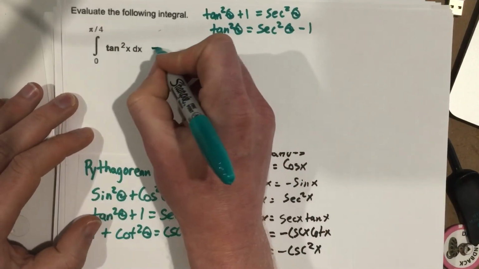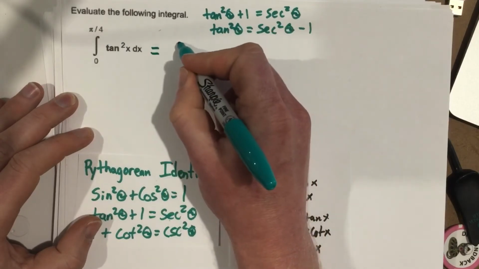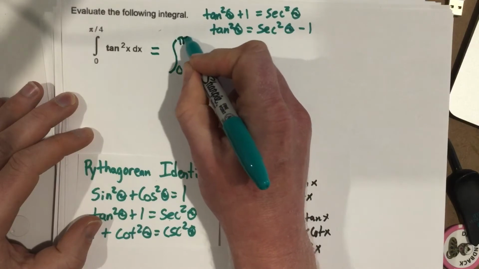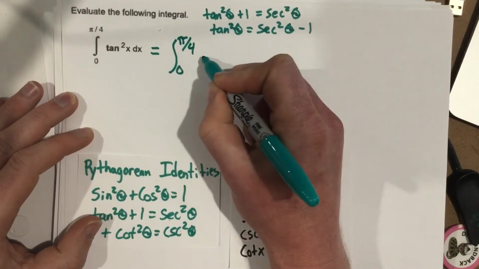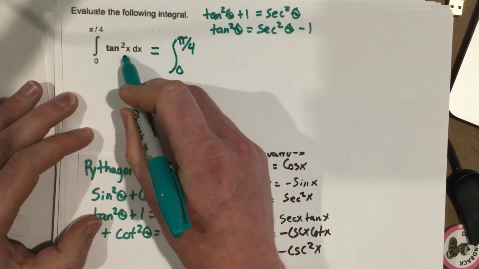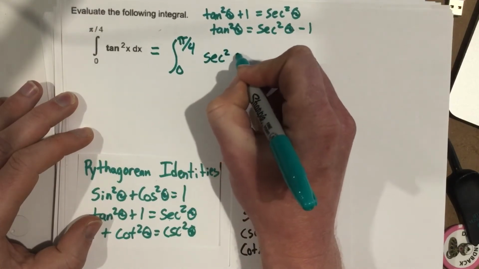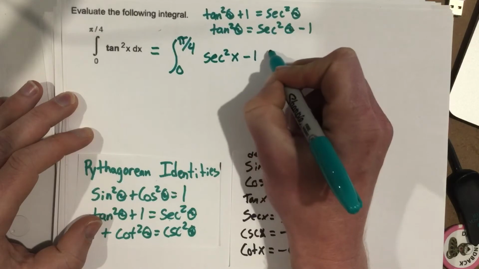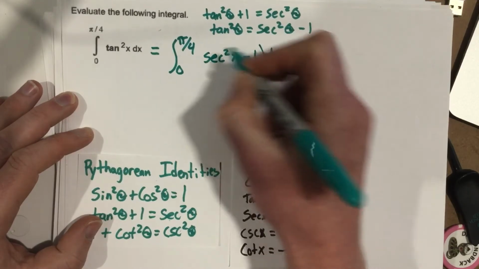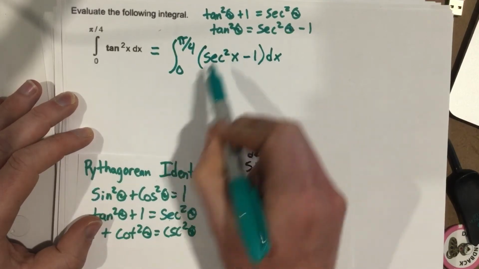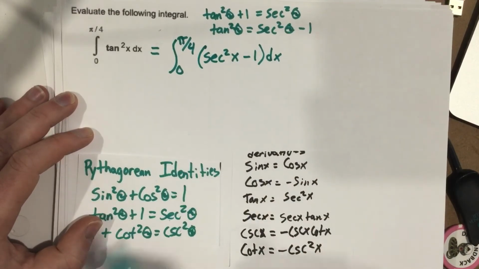We'll say that this equals the integral from 0 to pi over 4 of, we're going to replace tangent squared x with secant squared x minus 1 dx. So that's our first step, is replace tangent squared x with its Pythagorean identity version.